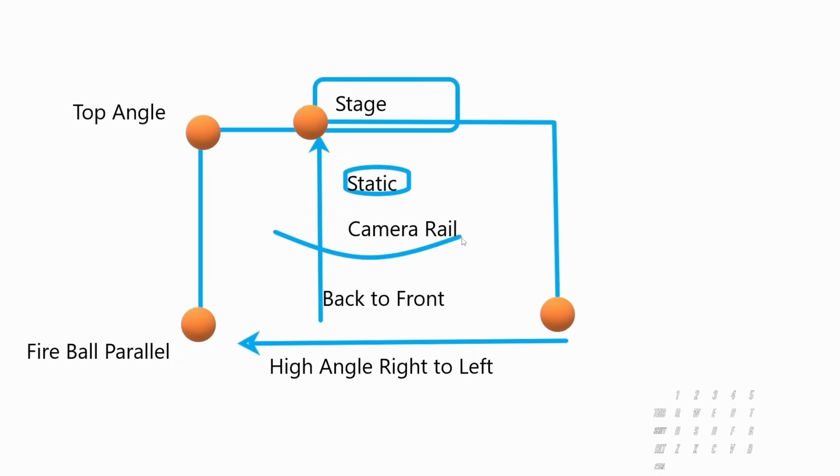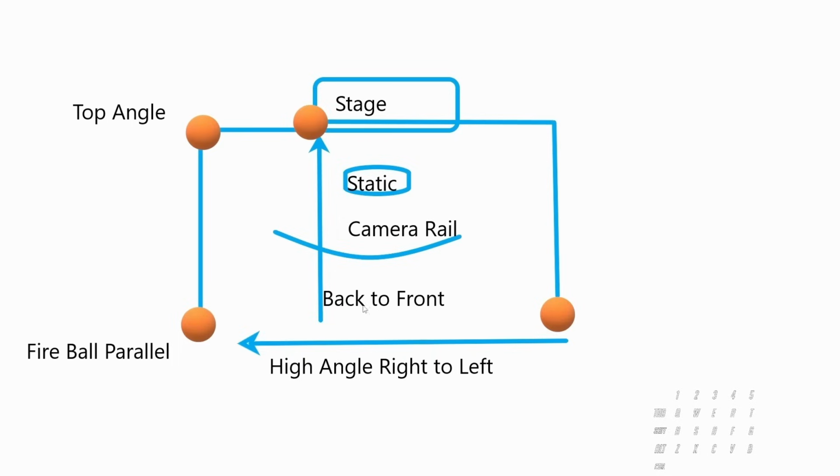We'll give the camera rail and then it will move like this. First shot is static, second shot is back to front, third shot is camera rail.